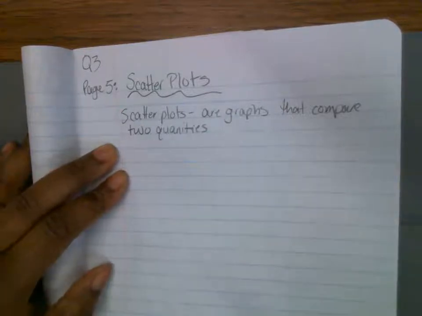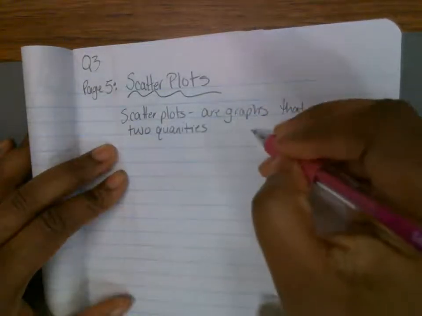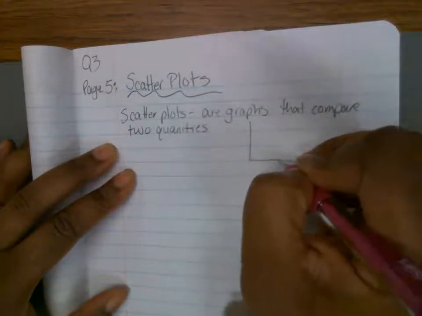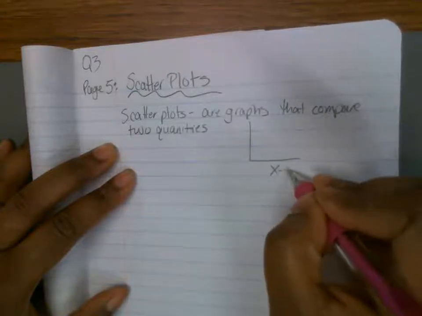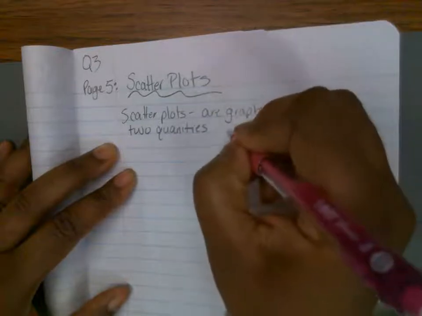One of the quantities we're going to graph along the x-axis. The other quantity we graph along the y-axis. Two quantities. We graph one quantity along the x-axis and we graph the other quantity along the y-axis.